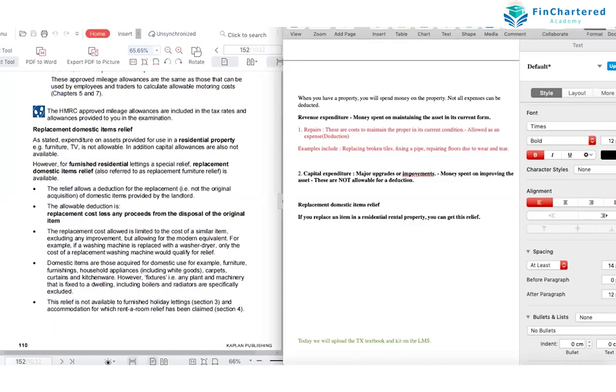For example, you replace the old fridge with a similar new fridge. The important word here is similar new fridge. It should not be a new improved fridge, because if it's an improved fridge, then there's an improvement. Remember, we're only maintaining here.